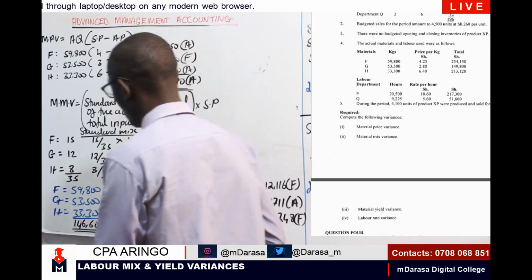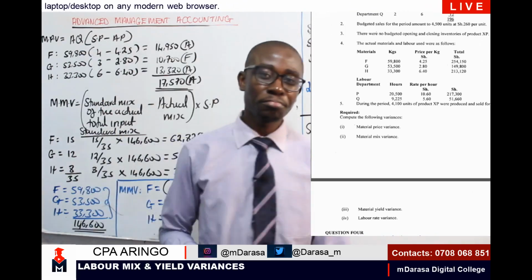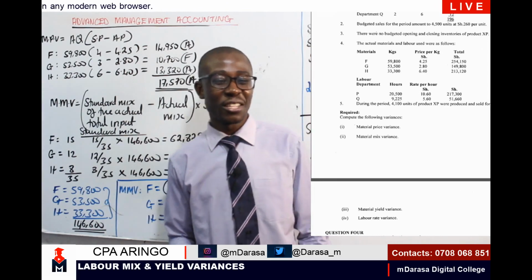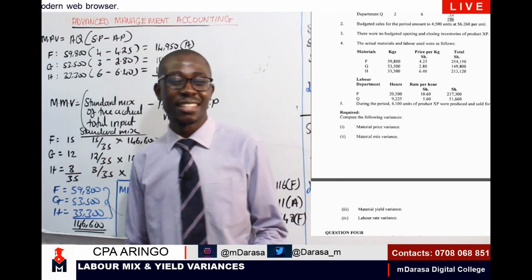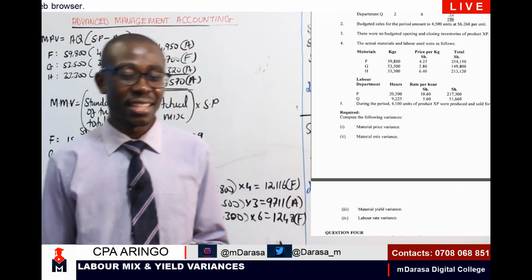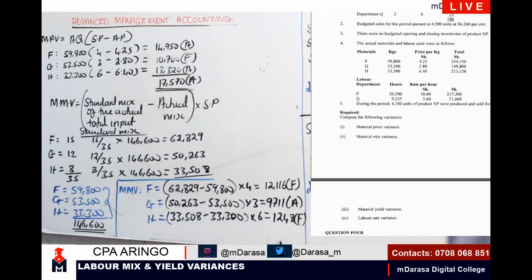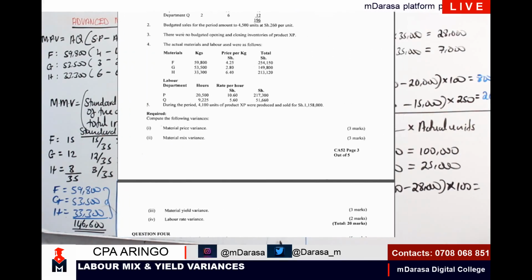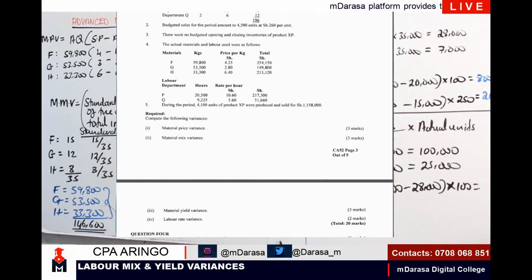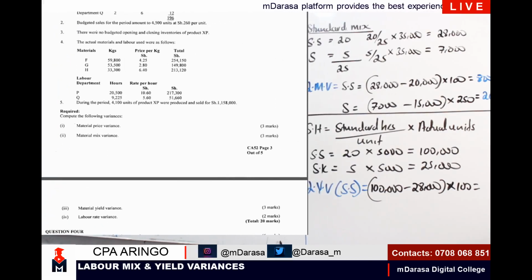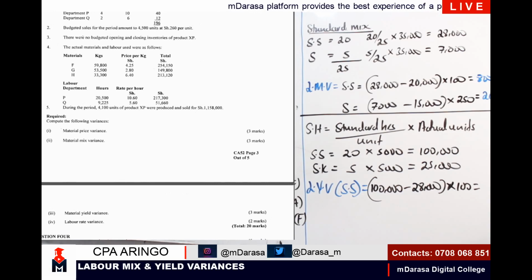My good students, can you determine the yield variance for Mwalimu? I want you to determine the yield variance. Given that we have the previous knowledge and we've looked at so many concepts and questions in relation to that, we can determine our yield variance.